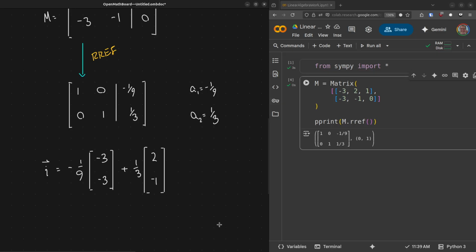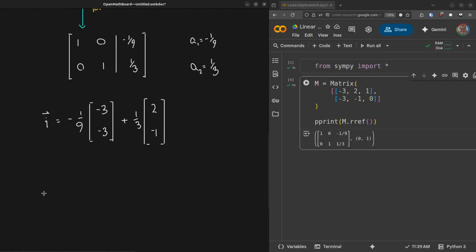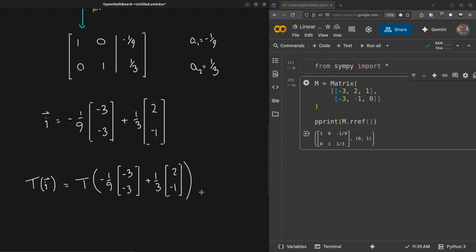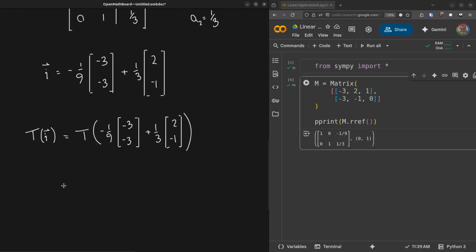So now I'm going to take the transformation of this. The transformation of vector i is just the transformation of my linear combination. By the properties of linear transformations, I know that I could split this into two transformations over addition, and then I could pull out the scalar.